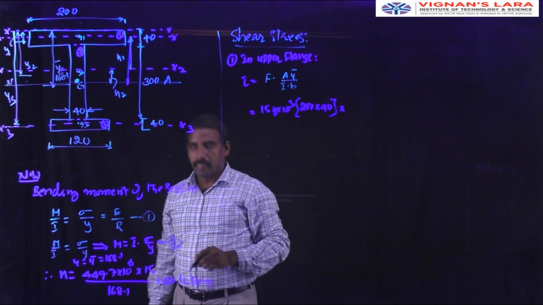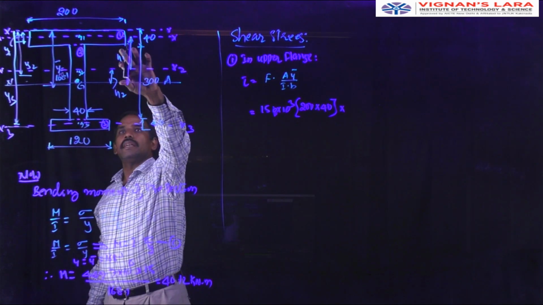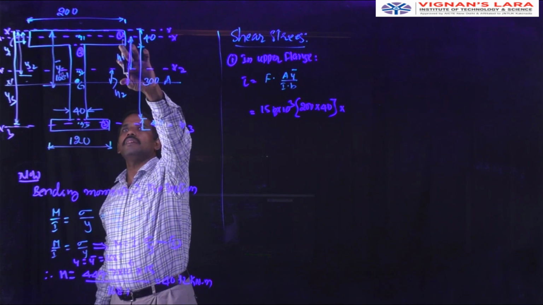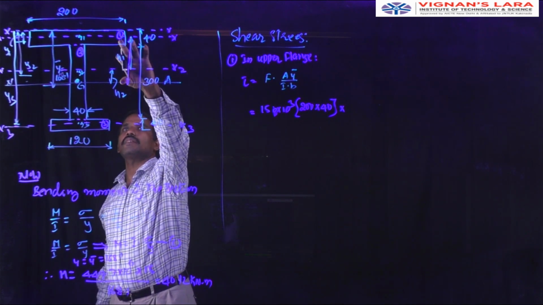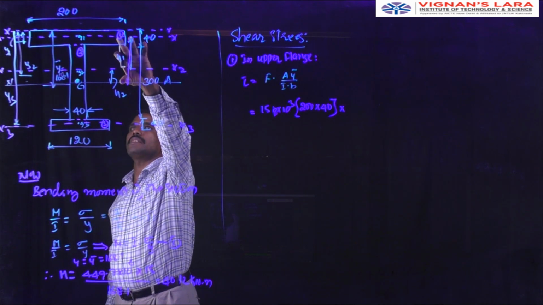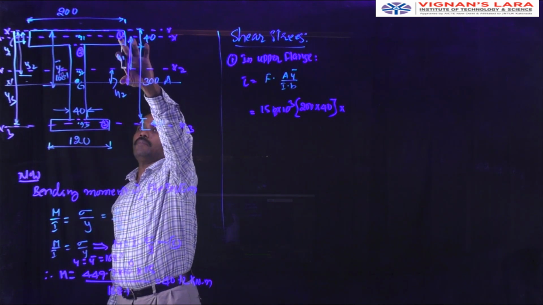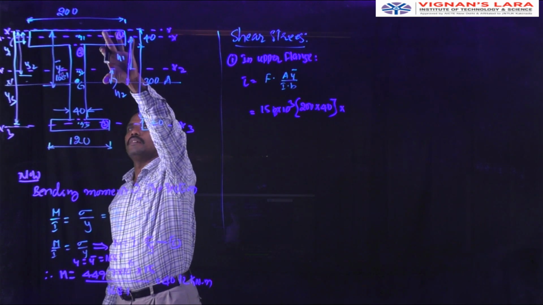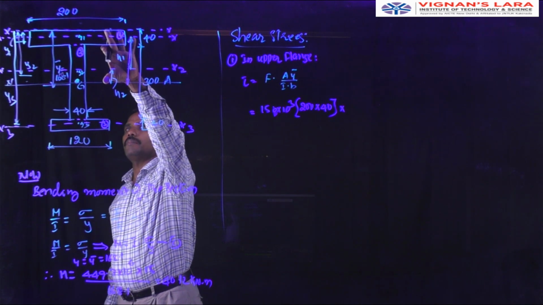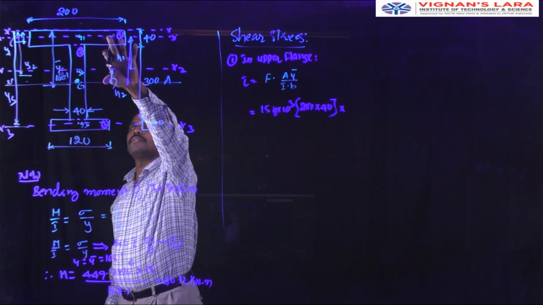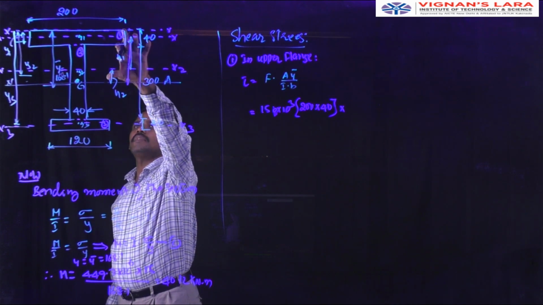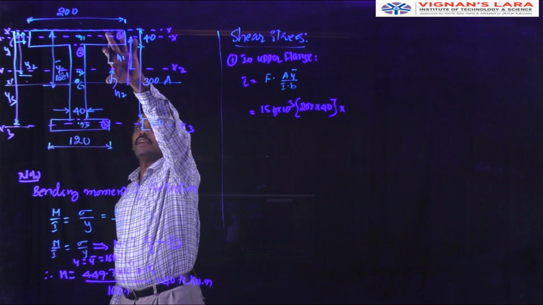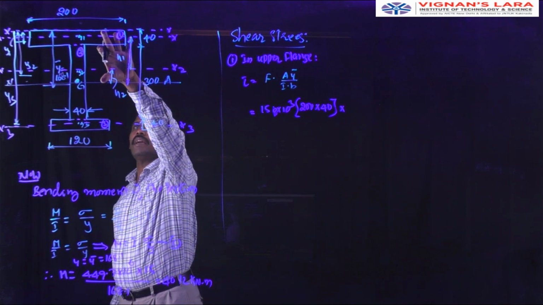We know the y bar is always measured from the neutral axis to the center of the element, that is the flange. So we have to calculate this portion. The distance from the top of the flange is 168, and the distance from the top of the flange to the central axis of the first element is 20. It means 168 minus 20.